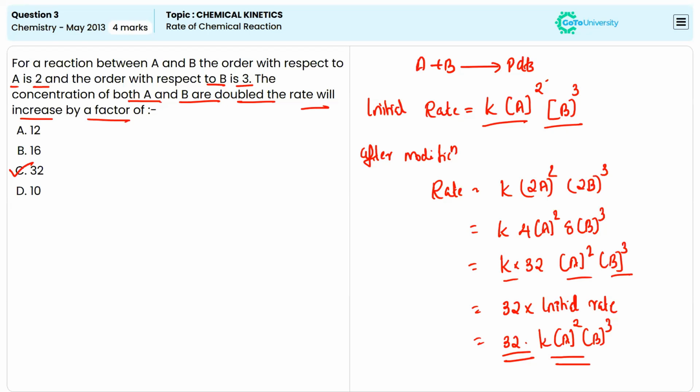Then the questions will be simple. So try to memorize those equations and learn those relationships and try to compare the first order, second order, third order as well. Okay, then it will be fine.